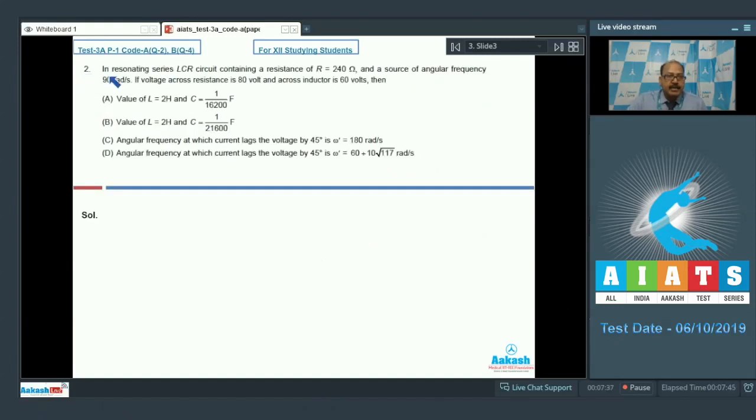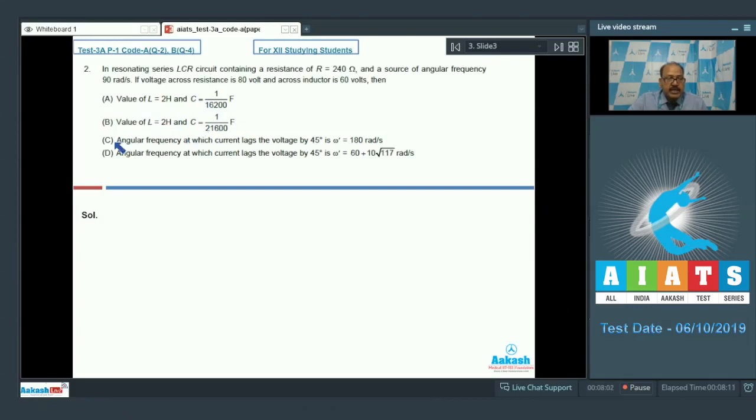Question 2 says, in a resonating series LCR circuit containing a resistance of R equal to 240 ohm and a source of angular frequency 90 radian per second, if voltage across resistance is 80 volt and across inductor is 60 volts, then the value of inductance is this much, capacitance C is this much. Option B is also about that.